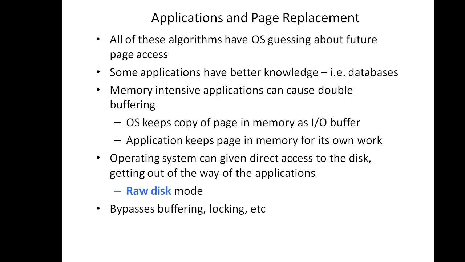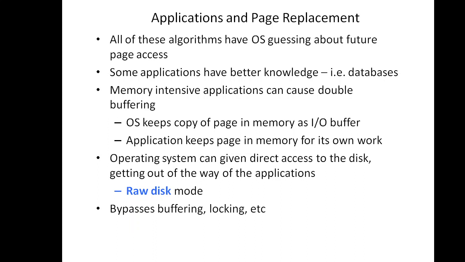All of these algorithms have the operating system guessing about future page access. Some applications have better knowledge. For example, some databases can predict the access to some pages in a better way. Memory intensive applications can cause double buffering.